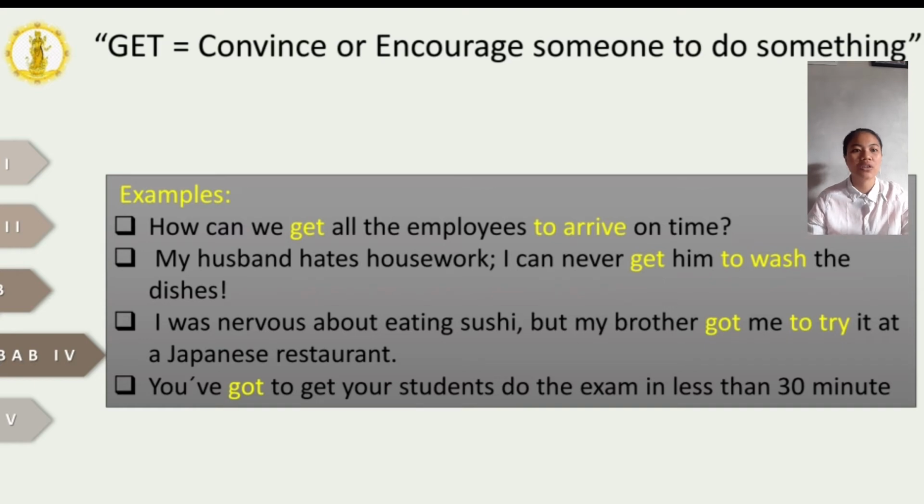You have got to get your students to do the exam in less than 3 minutes. It's like encouraging someone to do something. You can see the yellow word, that's how we use get and where we put get in the sentence.